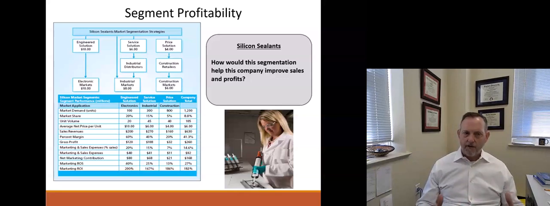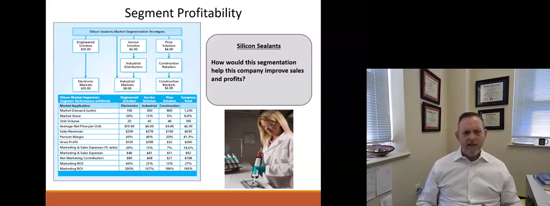So think of that volume, how much volume they're going to create. Think about this market share idea. This is a company that enters each of these three markets. This market share varies by market segment. They have a much stronger position in the electronics market segment, even though it's a smaller one volume-wise. That's kind of where it is.